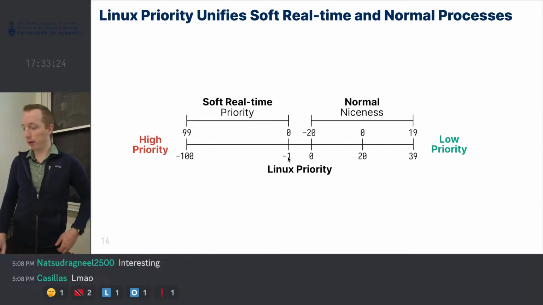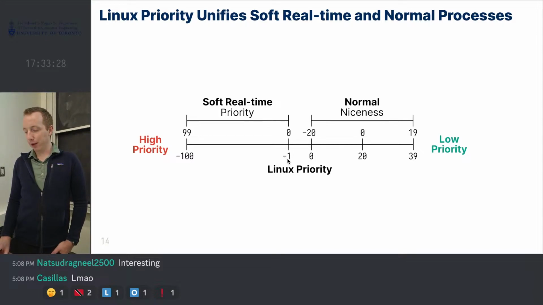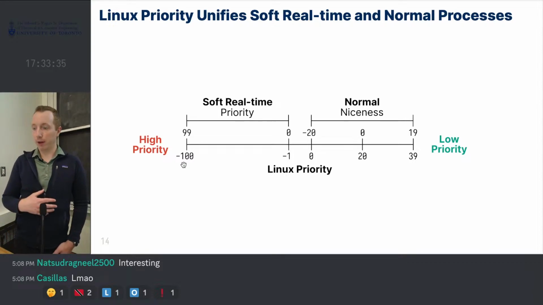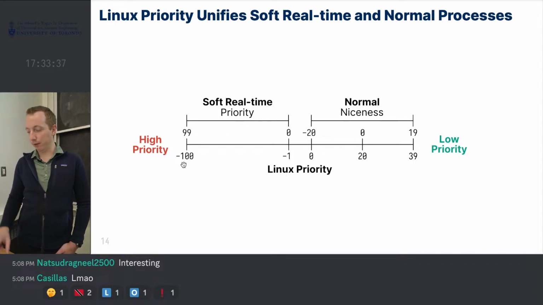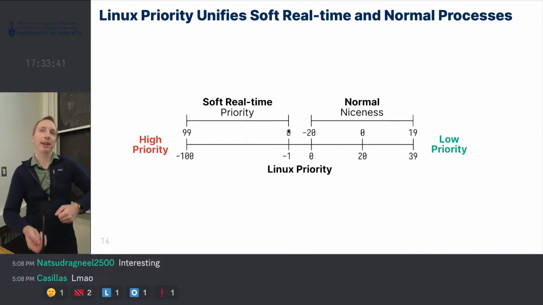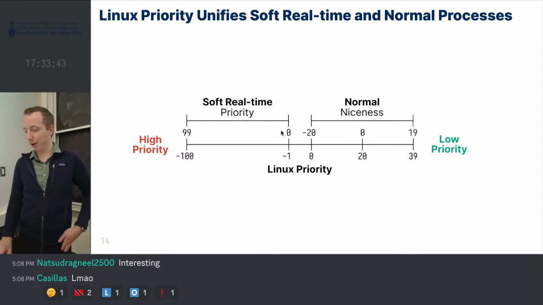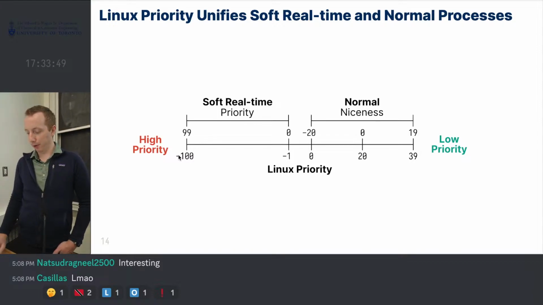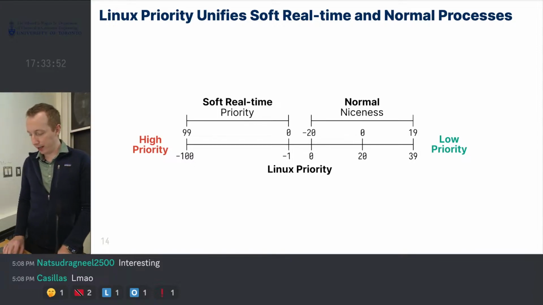It can't be both. So the Linux priority assigns numbers -1 to -100 to be real-time ones, with -100 being more high priority and -1 being less. So it has to take the soft real-time priority and essentially invert it. So a 0 becomes -1, and a 99 becomes -100. Why they do that, I don't know, but they do.